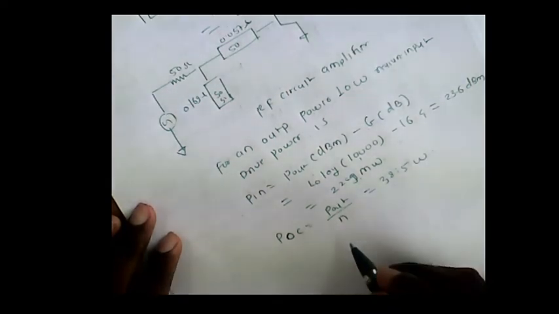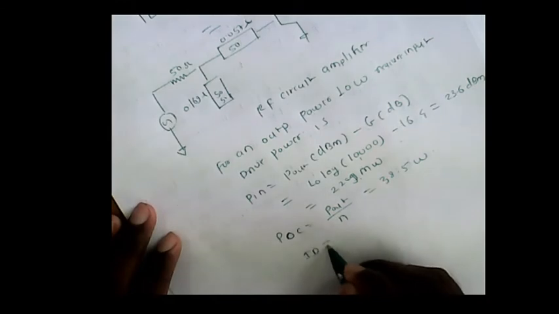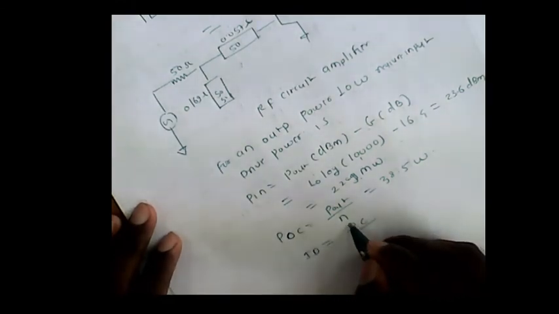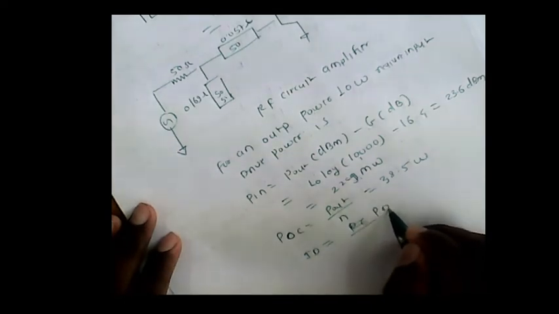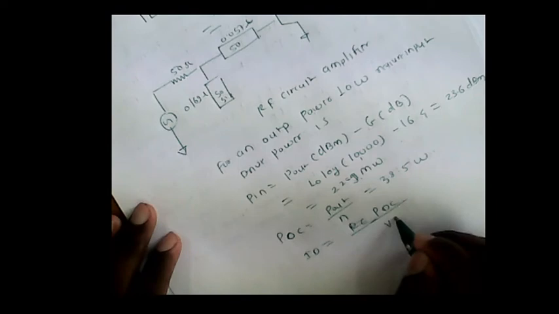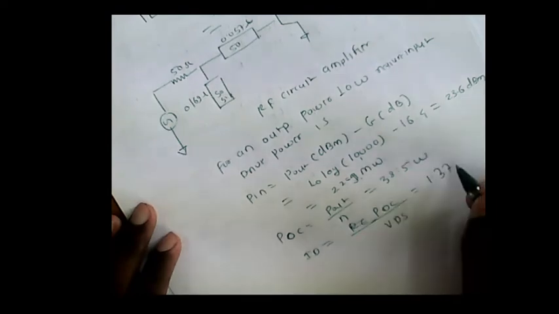Then the drain current ID is equal to P DC divided by the DC voltage, which comes out to 1.37 ampere.